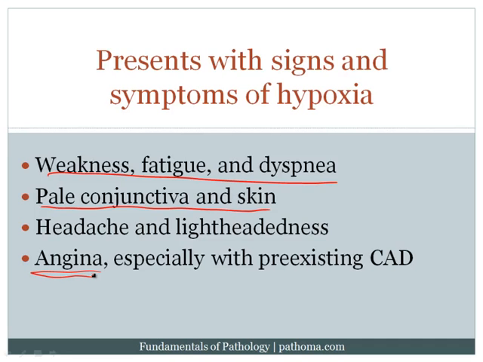And if the patient has some pre-existing situation that has already decreased the blood flow to the heart, for example, coronary artery disease, then a further decrease in oxygen in the little bit of blood that's actually going to the heart could actually result in signs and symptoms of angina. These are the classic signs and symptoms of hypoxia.